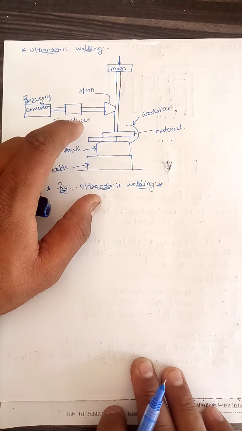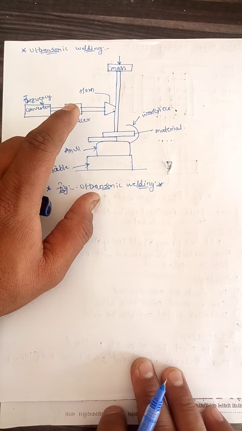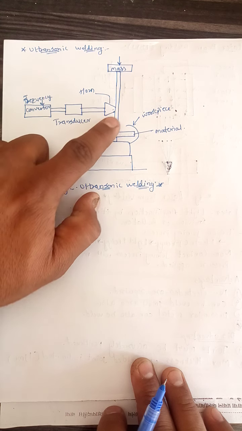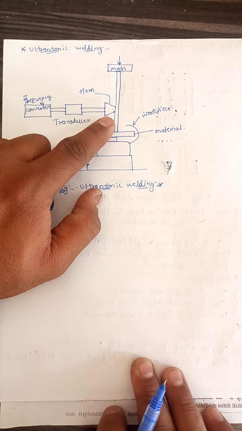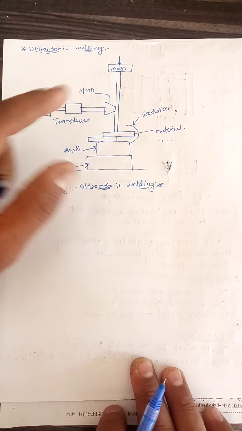By giving the electric power, the transducer creates a vibration, which is given to the horn, and the vibration creates friction and heat is produced.